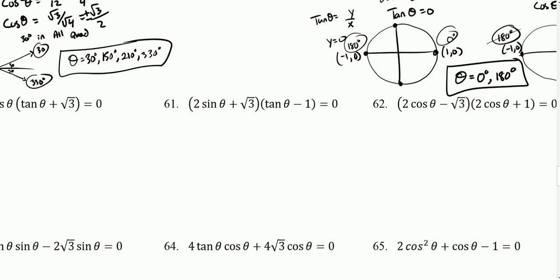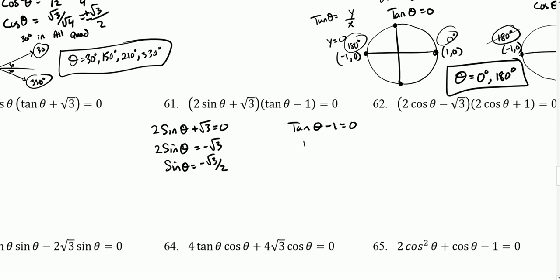61. 2 sine theta plus root 3 equals 0, and tangent theta minus 1 equals 0. So 2 sine theta equals negative root 3. Divided by 2, sine theta is negative root 3 over 2. Tangent here, theta is equal to 1. If we think about our 30, 60, 90, with side lengths 1, 2, and root 3, we want the opposite to be root 3, so that's talking about 60 degrees.